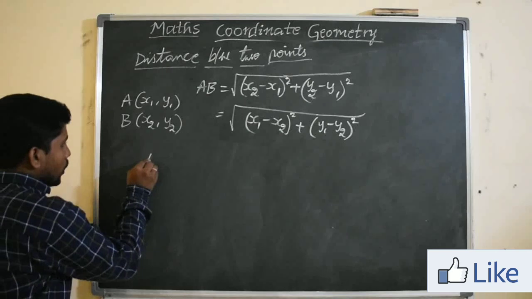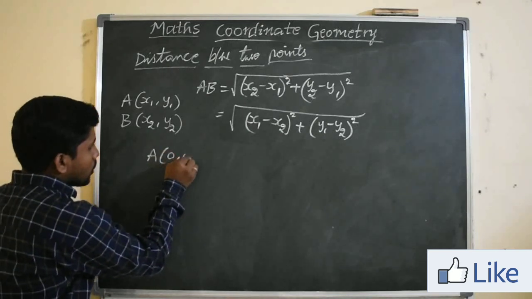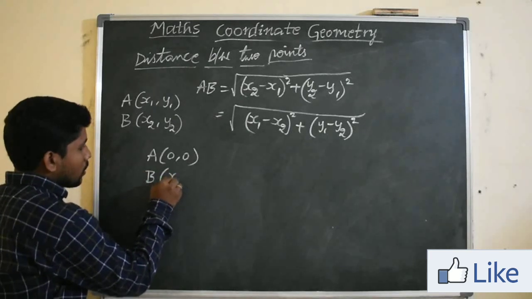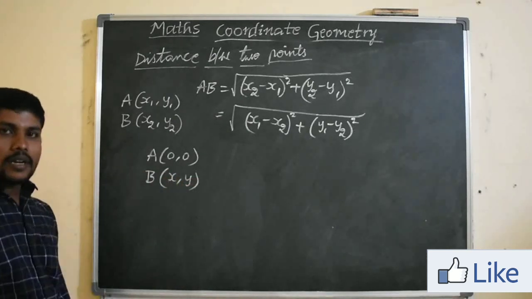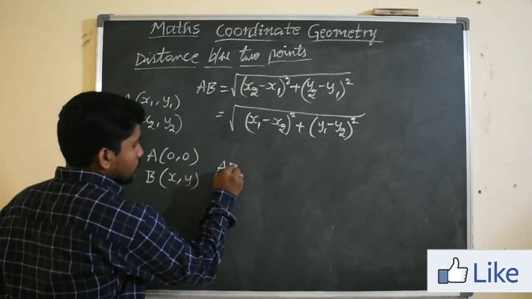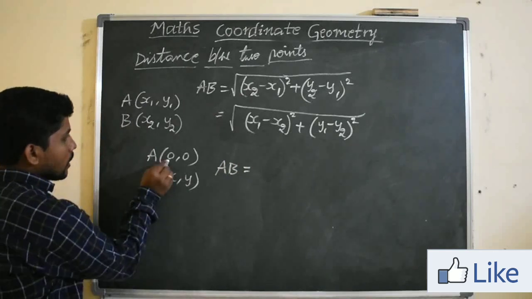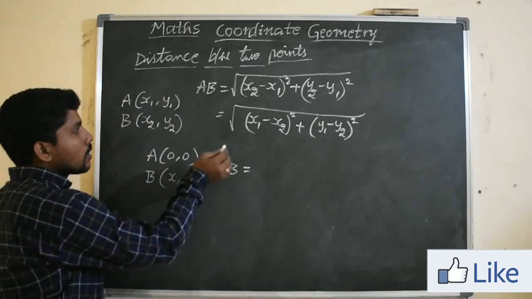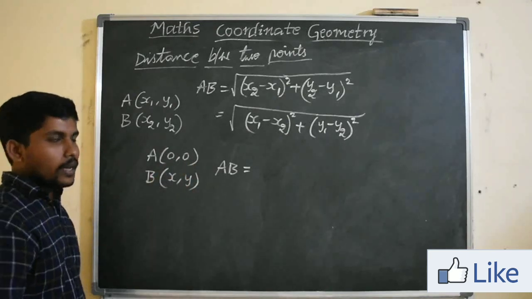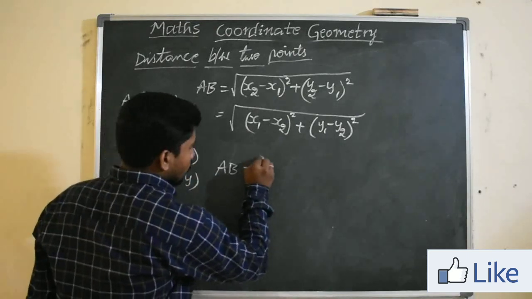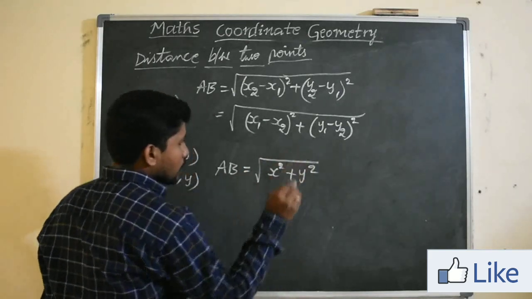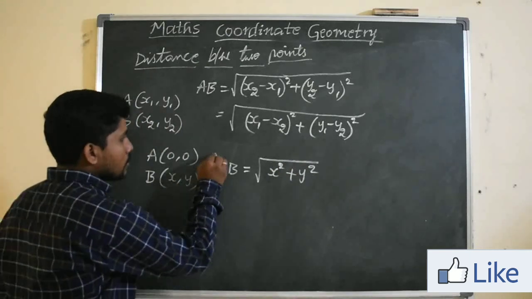Now, if I take point A as the origin and point B with some coordinates x comma y, how does the formula change? Now x1 is 0, x2 is x, y1 is 0, y2 is y. Replace those values, and simply you will get under root of x square plus y square.